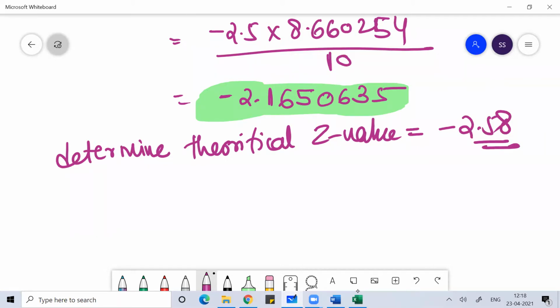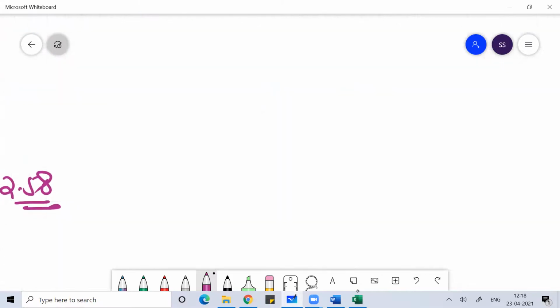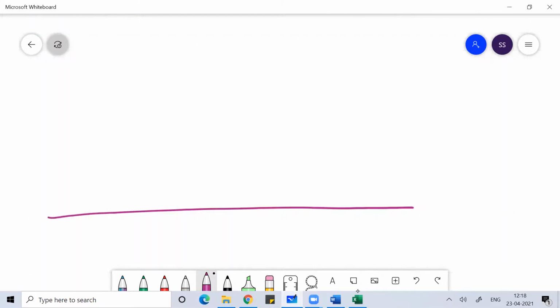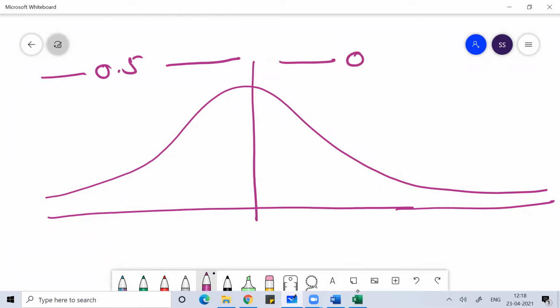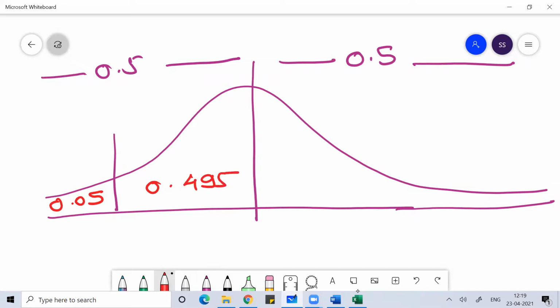I hope you remember how I got 2.58. I have drawn the normal distribution curve where 0.5 area lies on the left-hand side and 0.5 area lies on the right-hand side. Your rejection region was 0.005 on each tail, and this was 0.495.